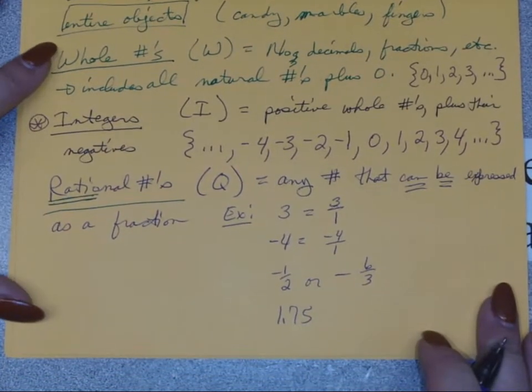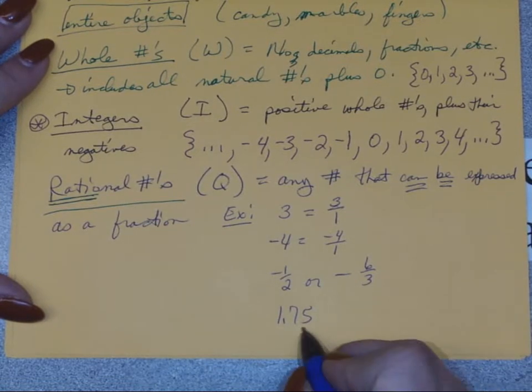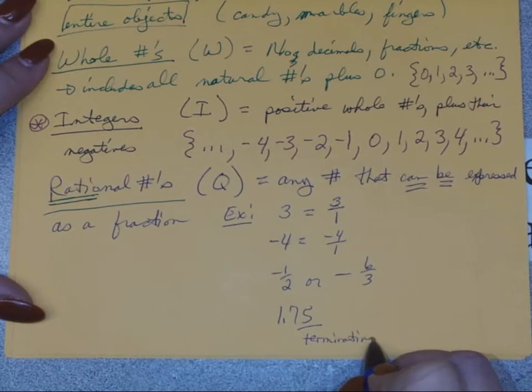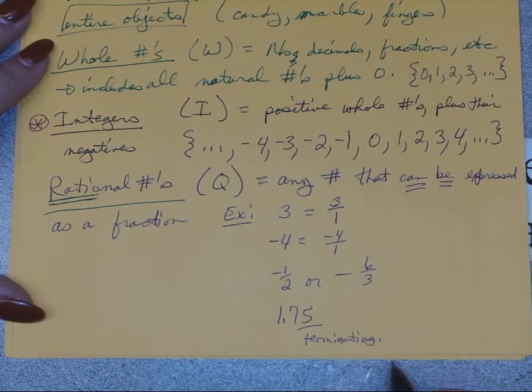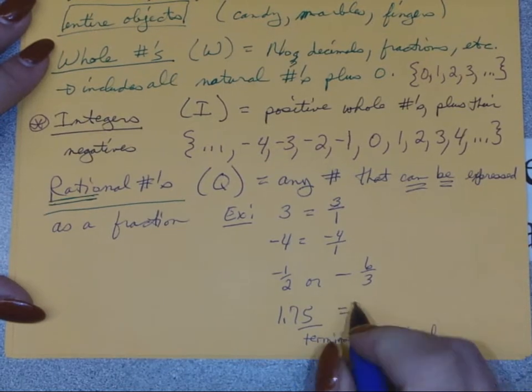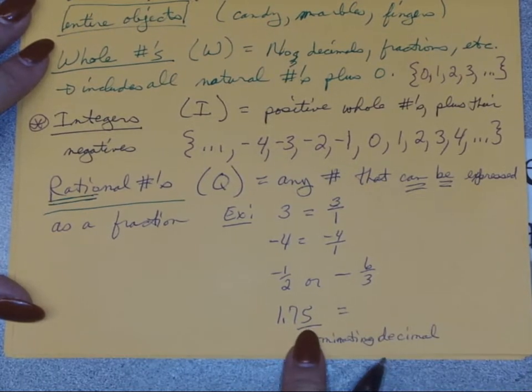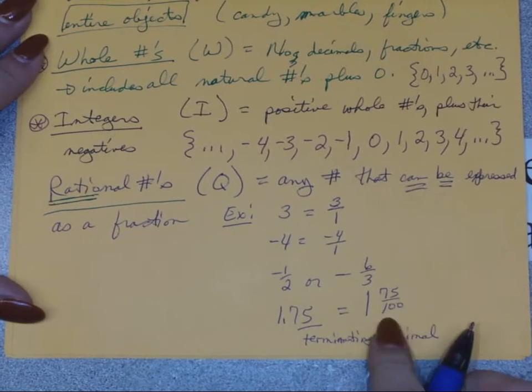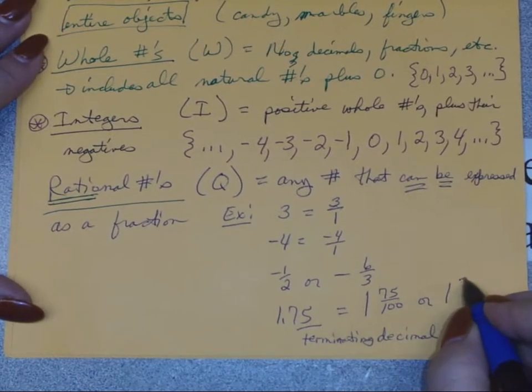It is definitely a decimal, but interestingly, it's a terminating decimal. When that happens, we can ask what position it terminated in. That 5 is in the hundredths position, so this is 1 and 75 hundredths, or 1 3/4.